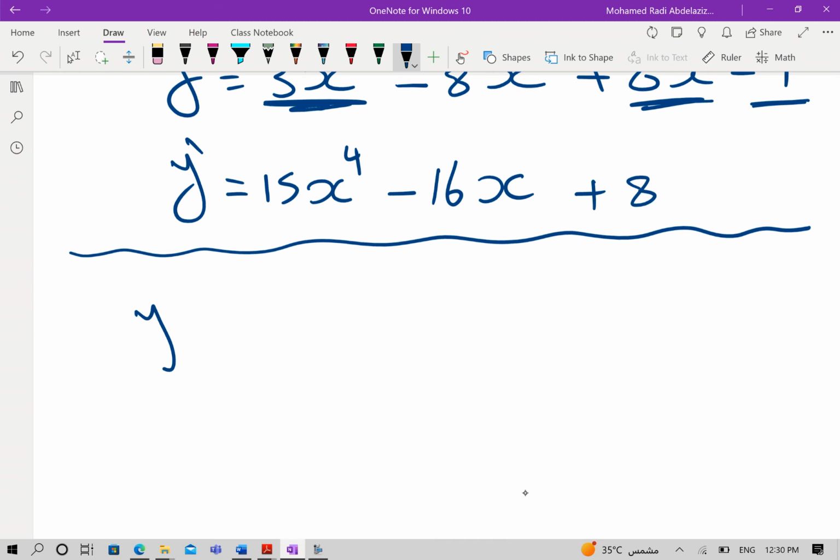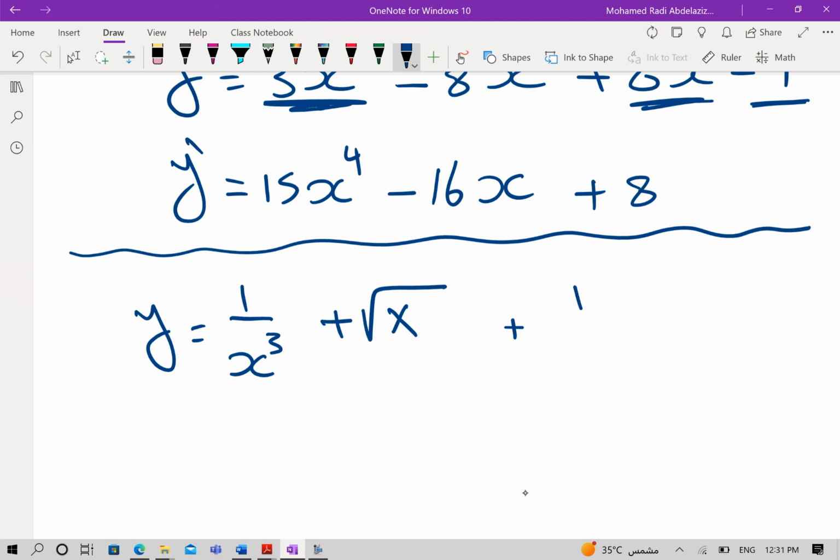In case your function is not written in the form of x to the power of n, you have to do it first. Like if you have 1 over x to the power of 3, before differentiation, you have to write it in the form of x to the power of negative 3. If we have a radical function like root of x, you have to write it first as x to the power of half.